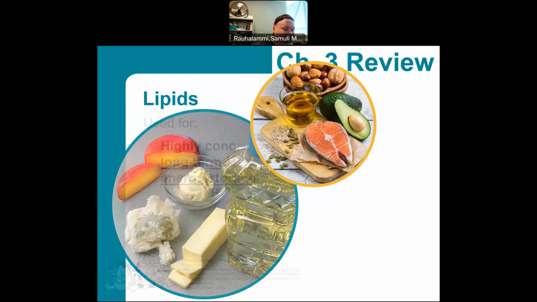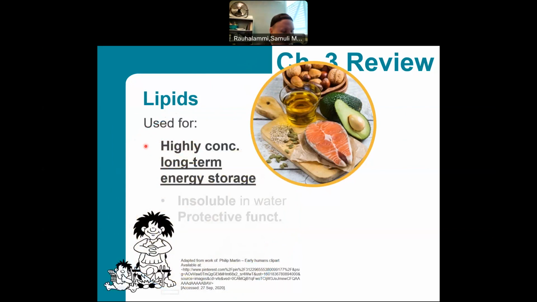Lipids are highly concentrated long-term energy. That's why, again, I keep coming back to this idea that maybe as a species we're really attracted to consuming a lipid-rich diet, because we get a lot of energy to our body really quickly.